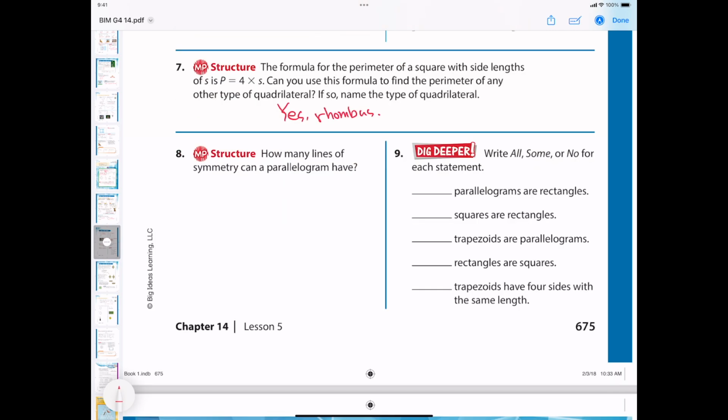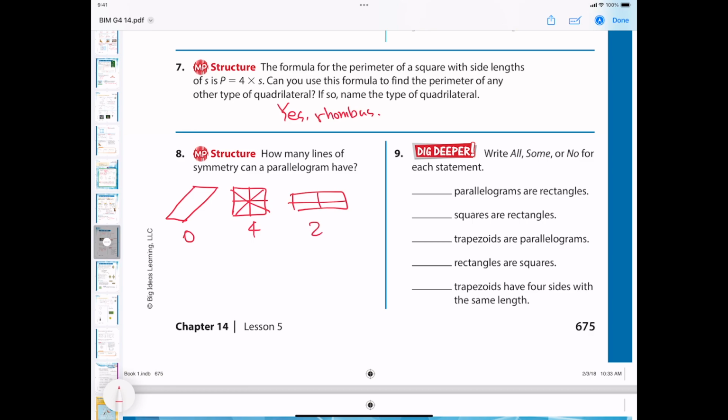Number 8. How many lines of symmetry can a parallelogram have? A parallelogram can be like this one we just saw, which has none. What about a square? It has 1, 2, 3, 4. What about a rectangle? 1, 2.